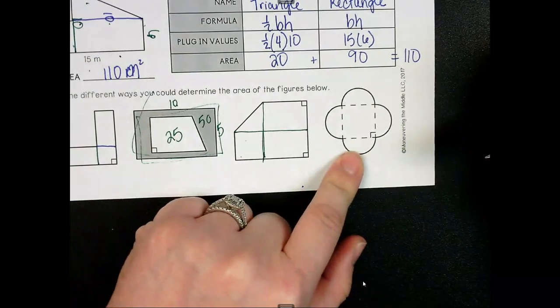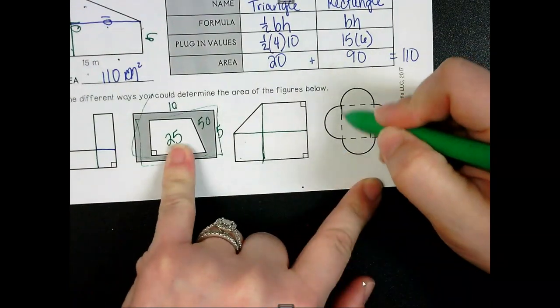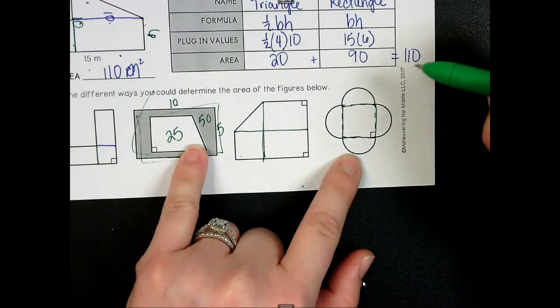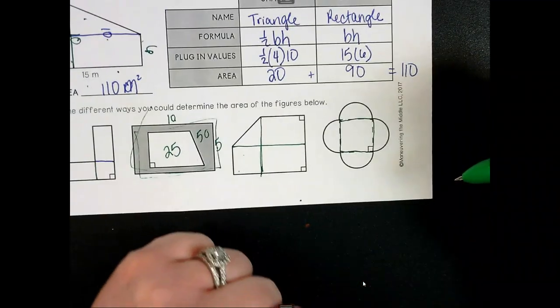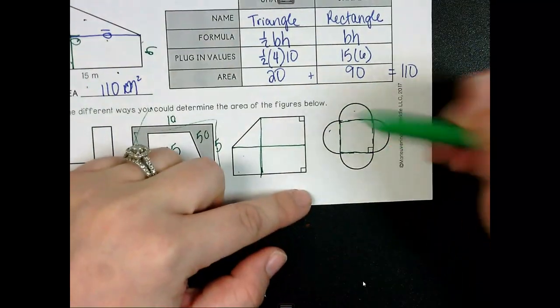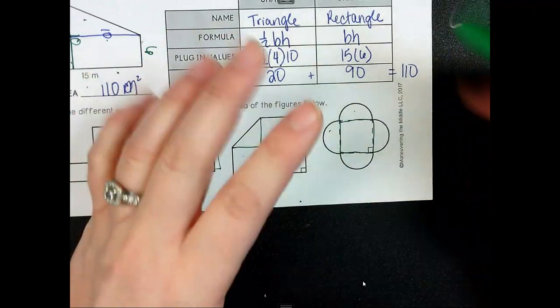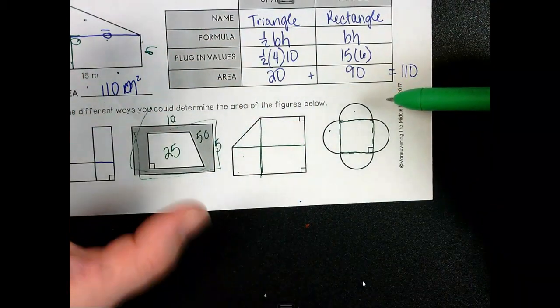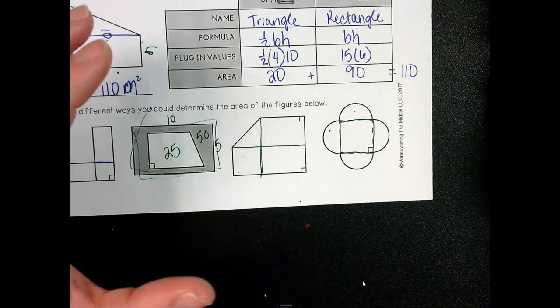Okay, so here, what do I have in the middle? A square. Okay, my circles, how many circles do I have? I do not have 4 circles. I have 2 circles because I have 4 halves and I put them together. So you would find the area of 1 and just double it. Okay? All right.